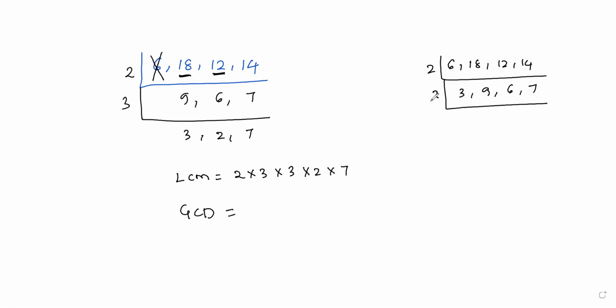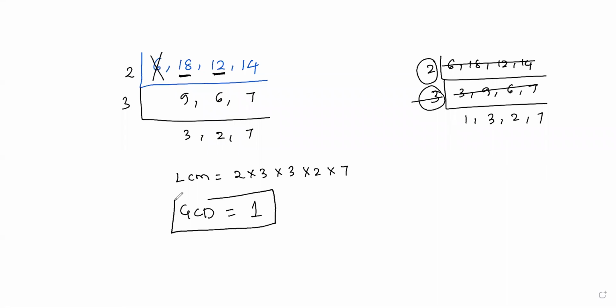Now again take the 3 table: 1 times, 3 times, 2 times, 7 times. Now your divisor is not dividing any number. Here also it is not dividing any number. It means that whenever you are not getting any divisor common to all the numbers, in that situation your GCD becomes 1. Please note this point.